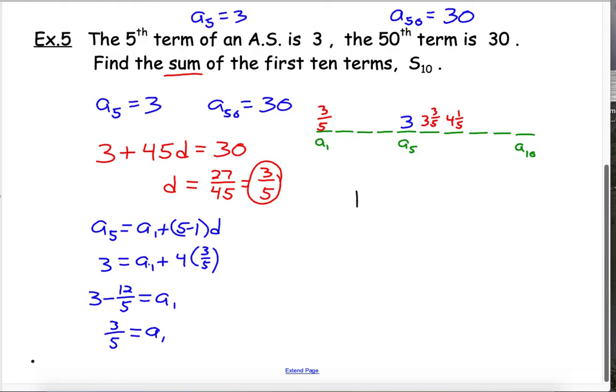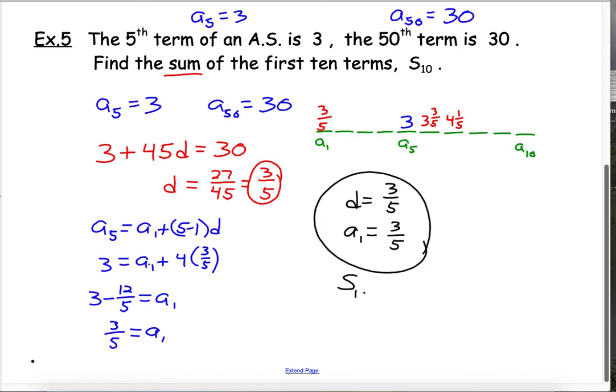We know that d was equal to 3/5. We know a sub 1 also wound up being equal to 3/5, just a coincidence. Now we didn't figure out a sub 10, although we could have, but I think that's all we need. And we know we're looking for the sum of the first 10 terms, so we know that n is equal to 10. So we've got everything we need.